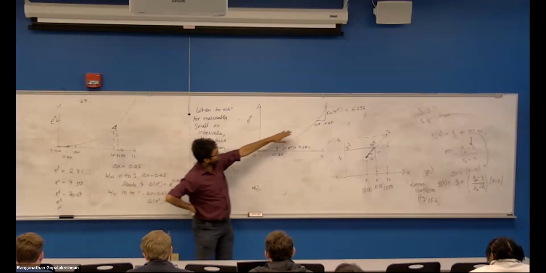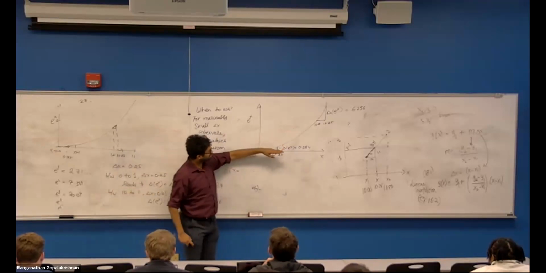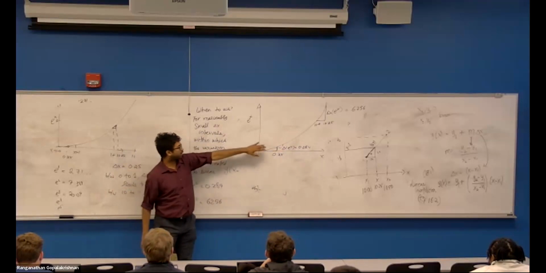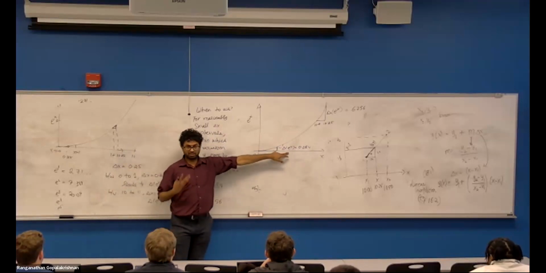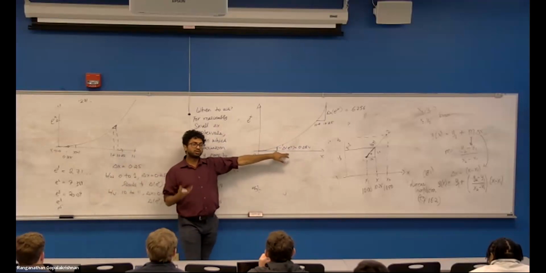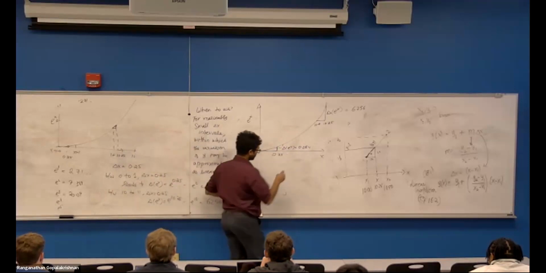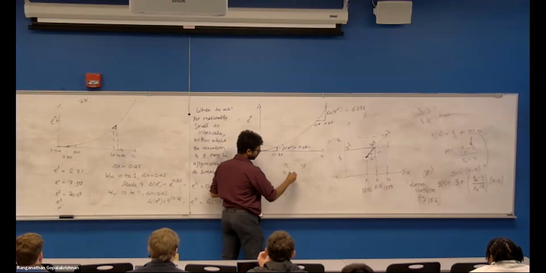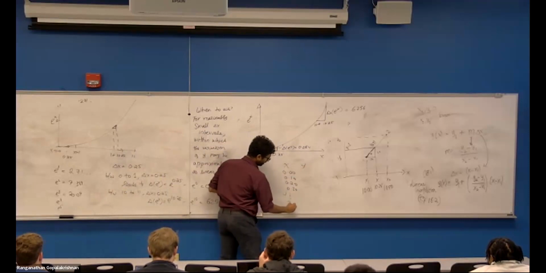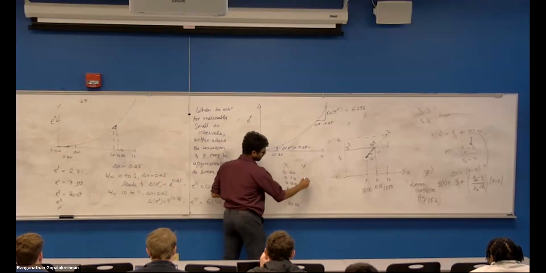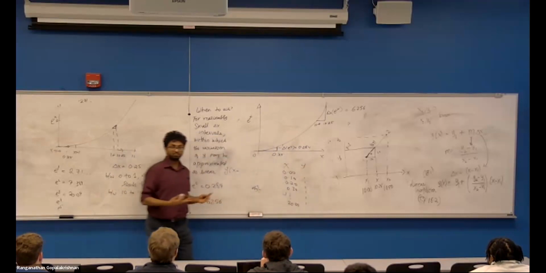But I'm looking at something like this: suppose I told you that this is the function e power x. But instead of me telling you that, if you were just given a table of data, x and y values 0.00, 0.10, 0.20, 0.30, up to maybe 20, and you just have the table of values with you.